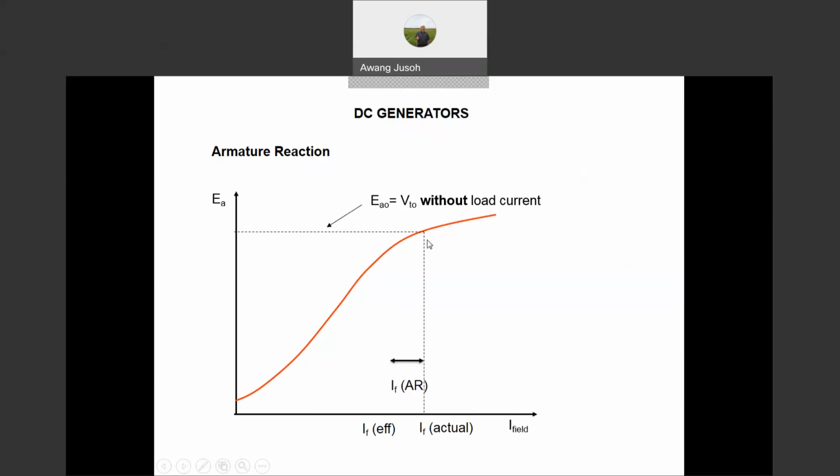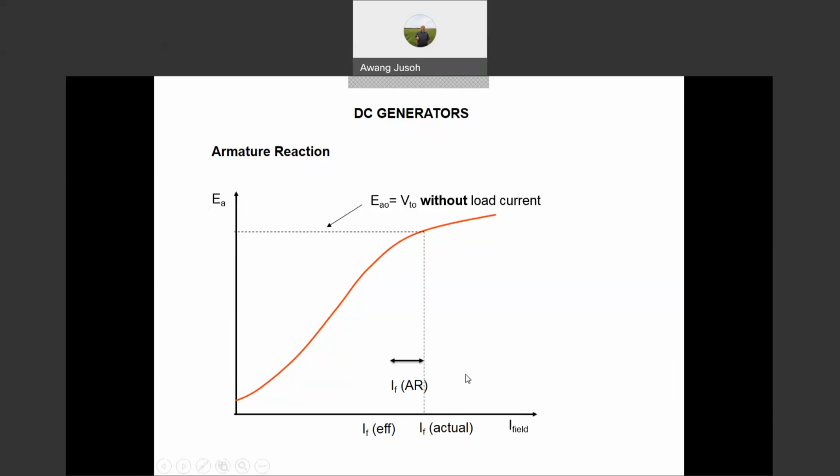I mean zero armature reaction, because current IA is not flowing yet. When the current IA flows, when the generator drives a load, IA flows, so what happens? It creates armature reaction. So the total IF actual will drop to IF effective because of the drop in flux. The original flux will be less because of armature reaction. The current or the flux will change from IF to IF effective by this IF_AR.